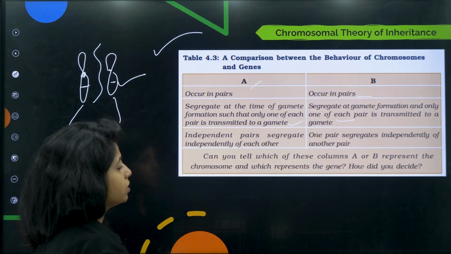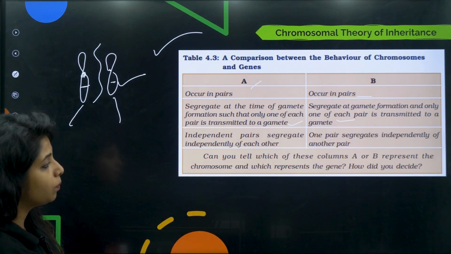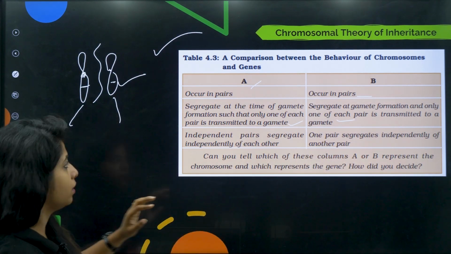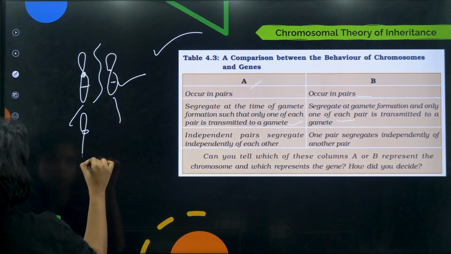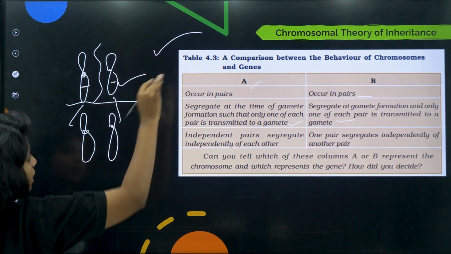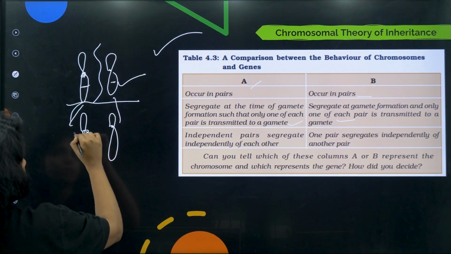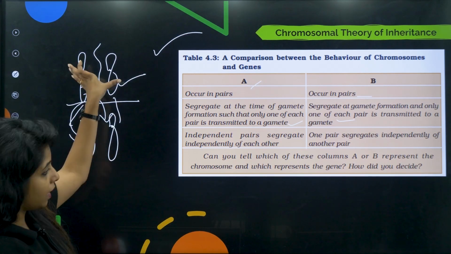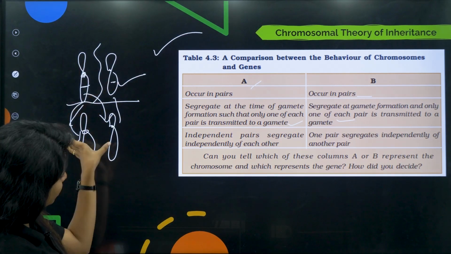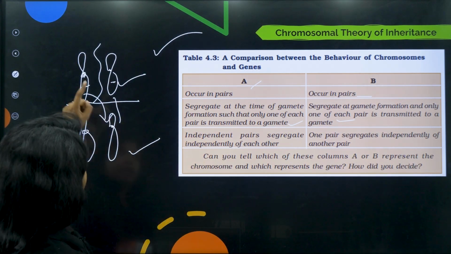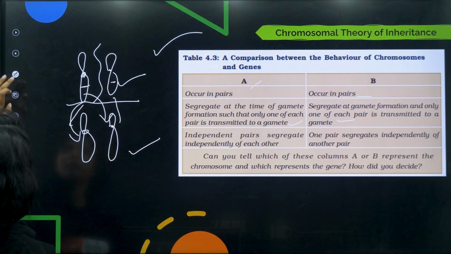But over here comes a difference. Independent pairs segregate independently of each other, whereas one pair segregates independently of another pair. Yes, if we talk about two chromosomes in general, okay, this pair will segregate independently of this pair. It can go with this or it can go with this. Okay, one pair segregates independently of another pair. But now when you talk about this, independent pairs segregate independently of each other.